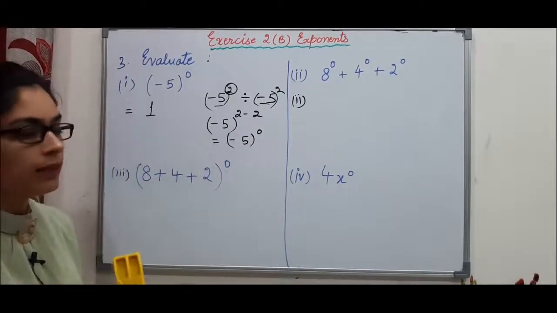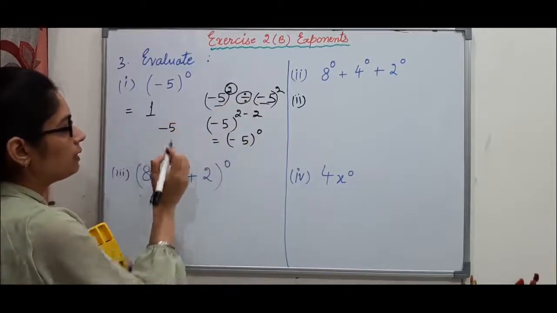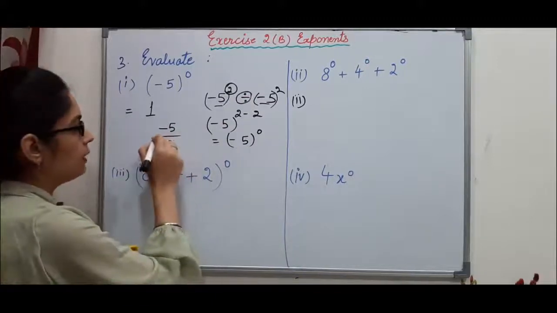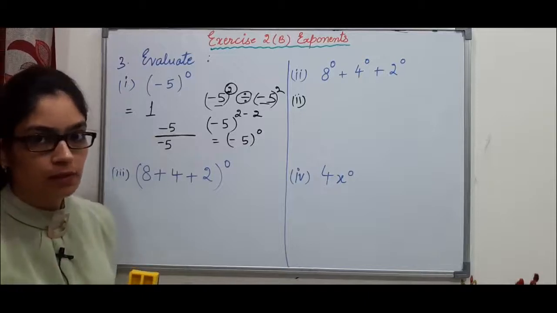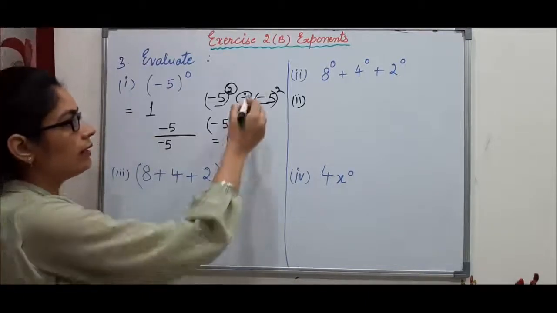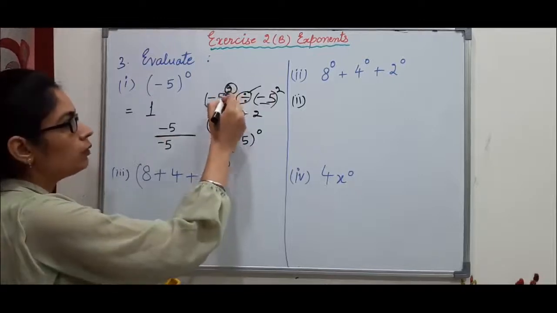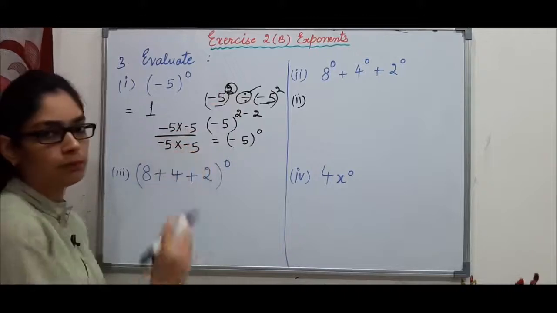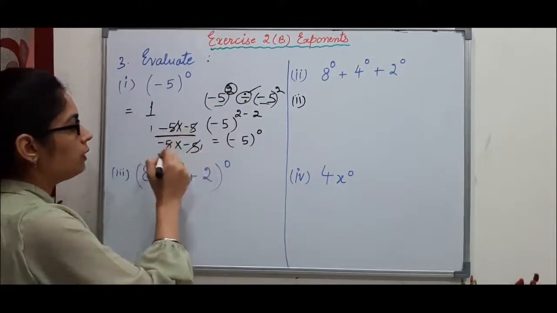So why is it 1 now? See, the division sign means minus 5 divided by minus 5. In smaller classes also we have done this, earlier we were just writing this division sign in this way. So 2 times, 2 was the power, means minus 5 will get multiplied by itself 2 times. 5 into 1, 5 into 1, 5 into 1, 5 into 1.